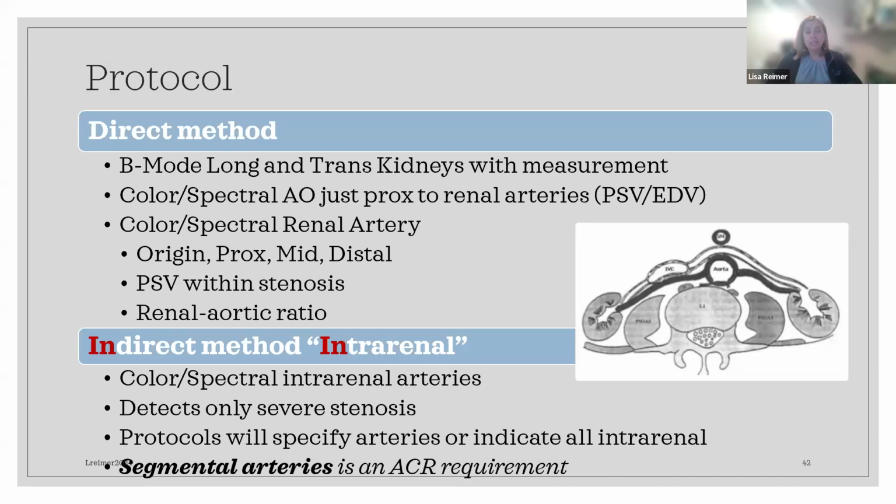So those little vessels in the kidney, you're going to assess those. All labs or protocols will incorporate a combination of both the direct and the indirect. What can vary is what we interrogate for the indirect method. So for instance, segmental arteries are an ACR, American College of Radiology requirement. So those are the ones most labs in my area will assess.